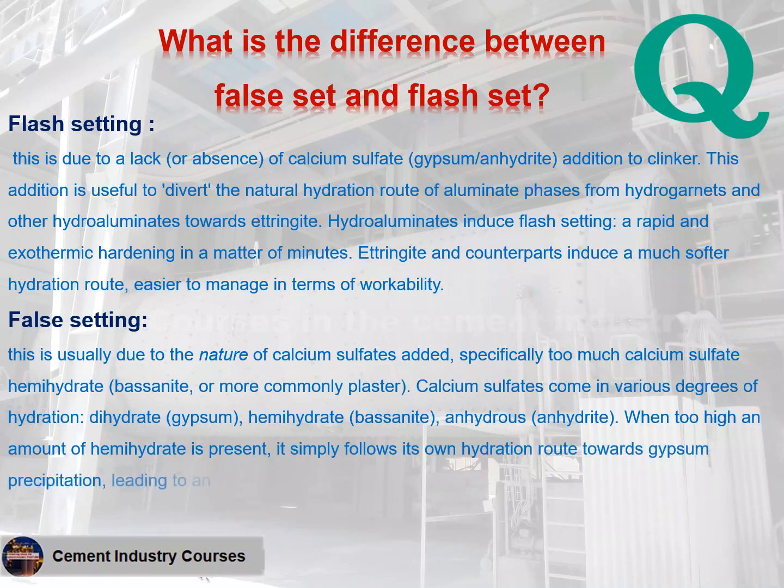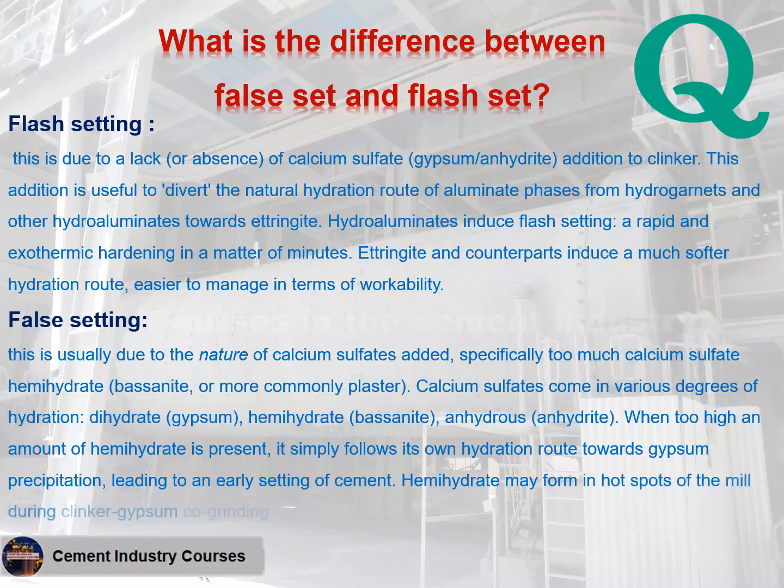When too high an amount of hemihydrate is present, it simply follows its own hydration route towards gypsum precipitation, leading to an early setting of cement. Hemihydrate may form in hot spots of the mill during clinker gypsum co-grinding. 120 to 148 degrees C is enough.